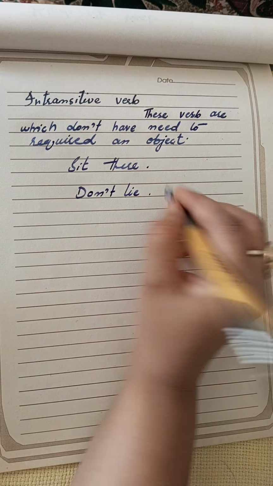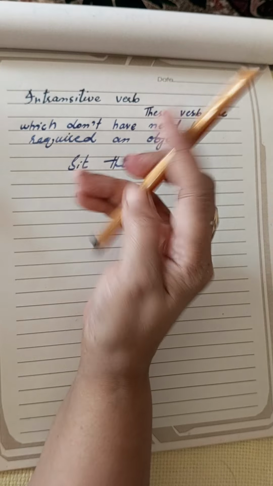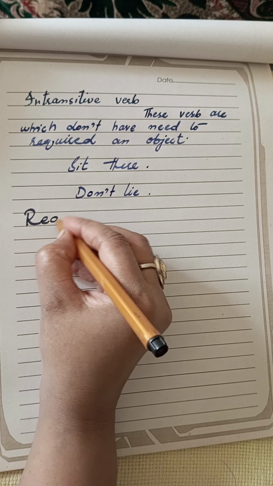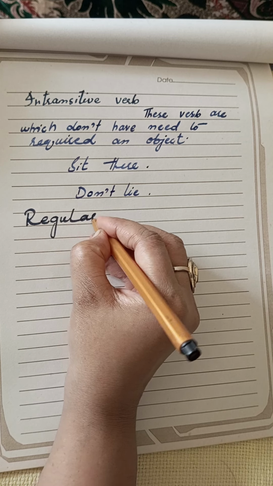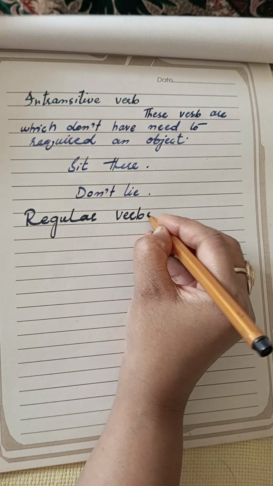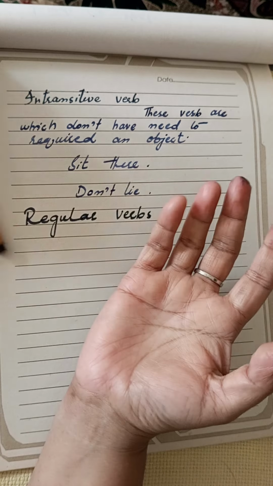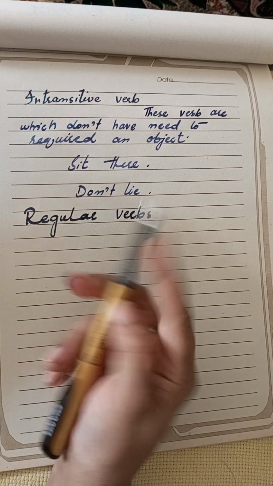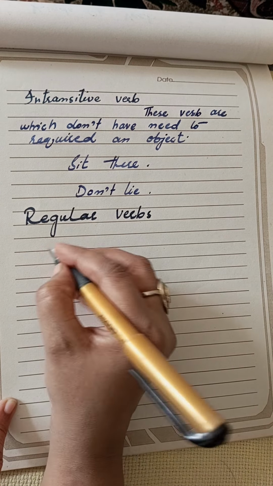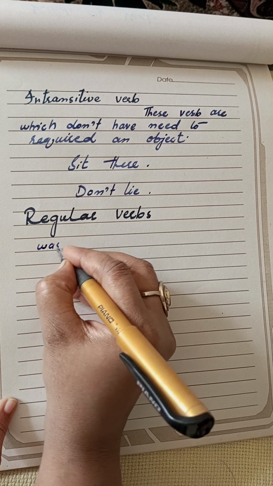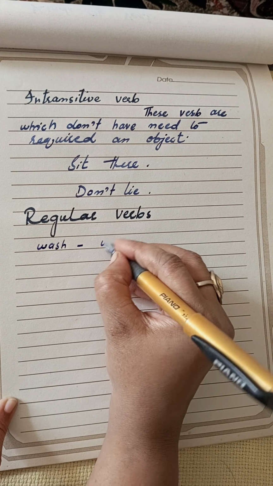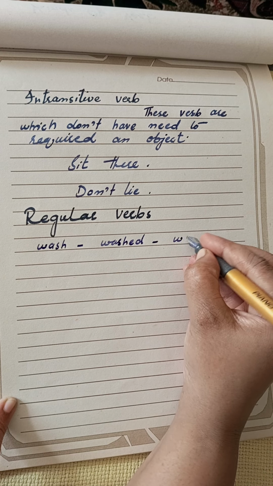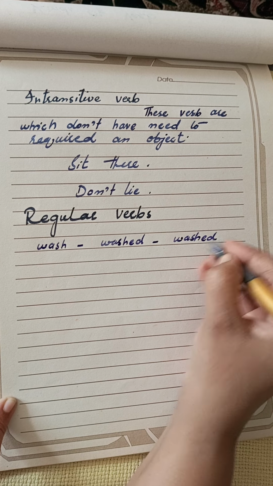So let's discuss regular and irregular verbs. Here, regular verbs: these verbs have past and past participle forms in the same way. For example, wash, washed, and the participle form also washed in the same way.